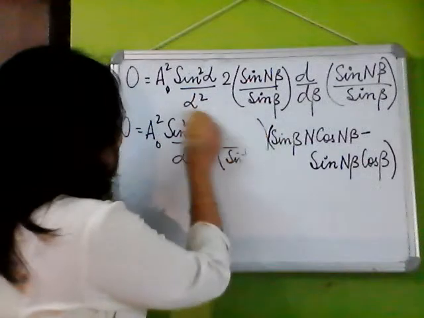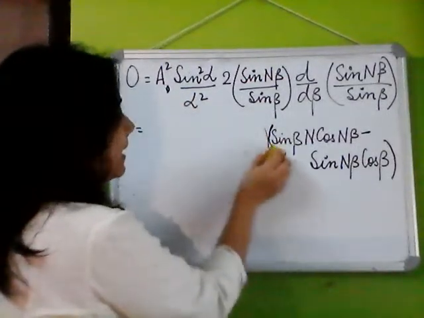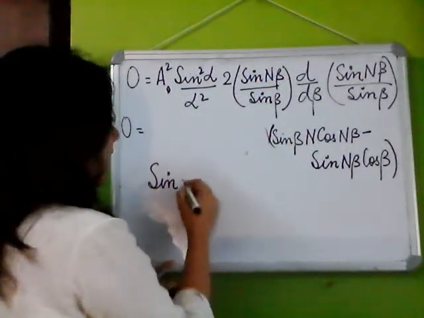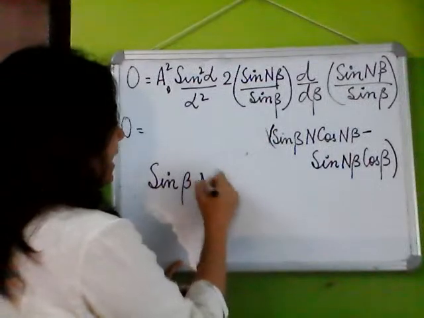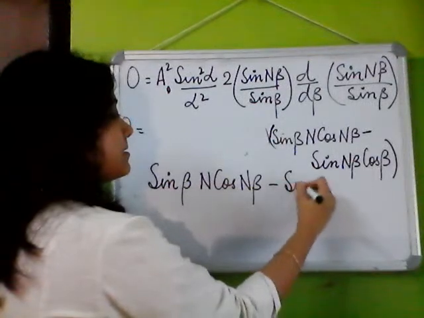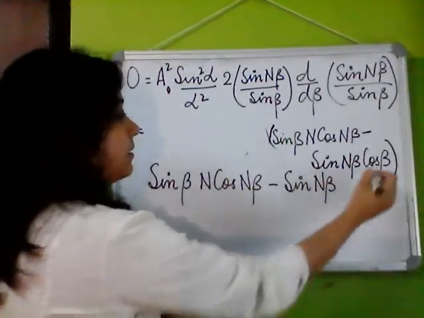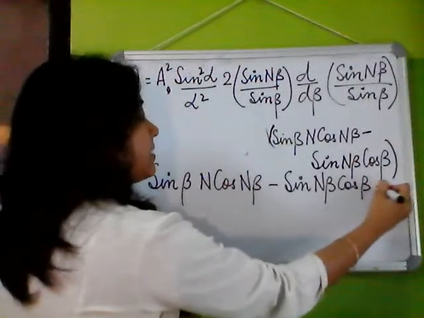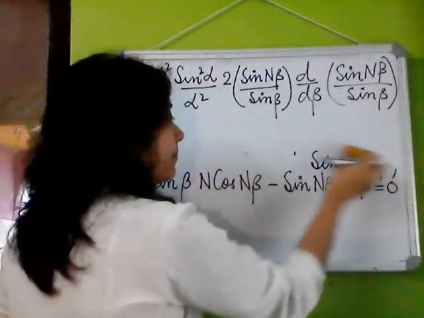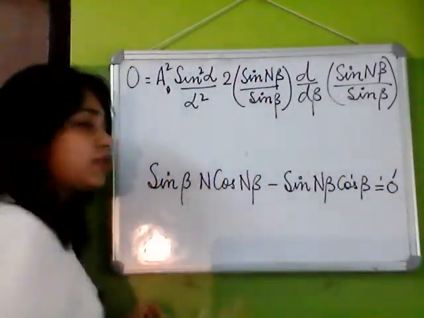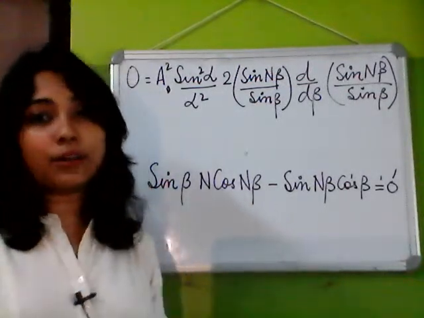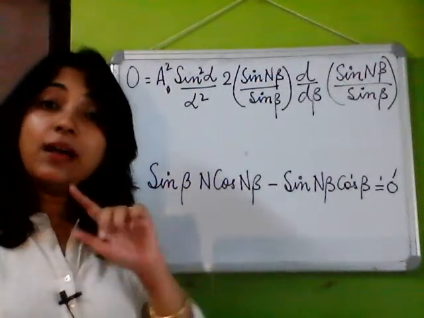So, can I not write then that sine beta into n cos n beta minus sine n beta cos beta is equal to 0. So this is where we are left. Reminding all of you, why did we make this quantity 0? Because the rest of the terms, if they were 0, either the entire term was going to 0 or they were giving us the separate conditions.